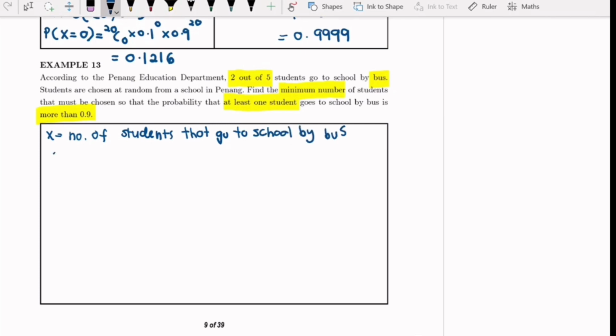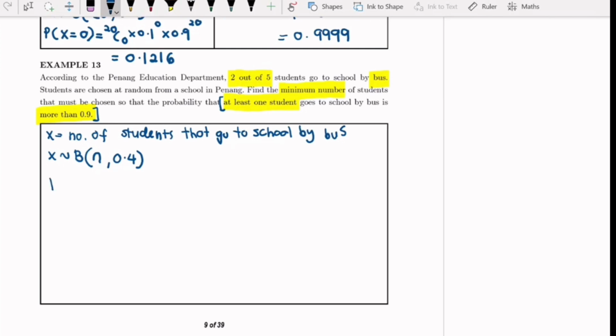So x is binomially distributed with n equals, we don't know yet, because that is what we need to find. And the probability of a student going to school by bus is 2/5, and 2 over 5 is equal to 0.4.